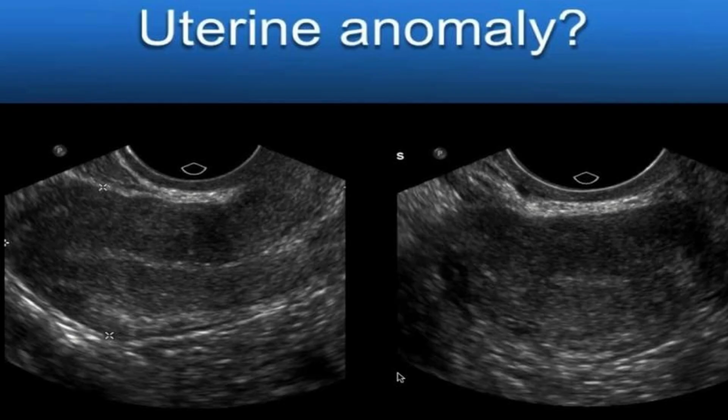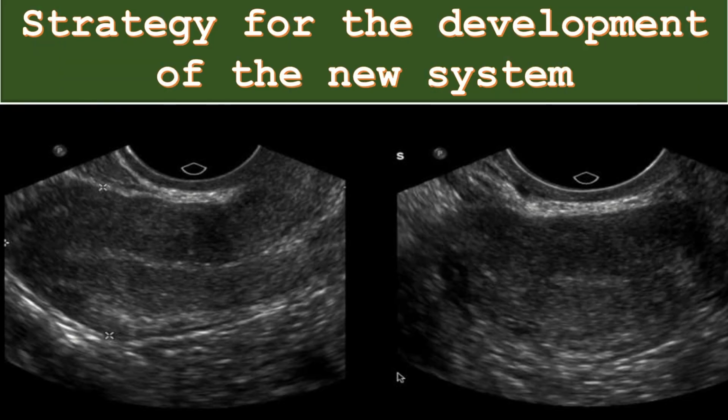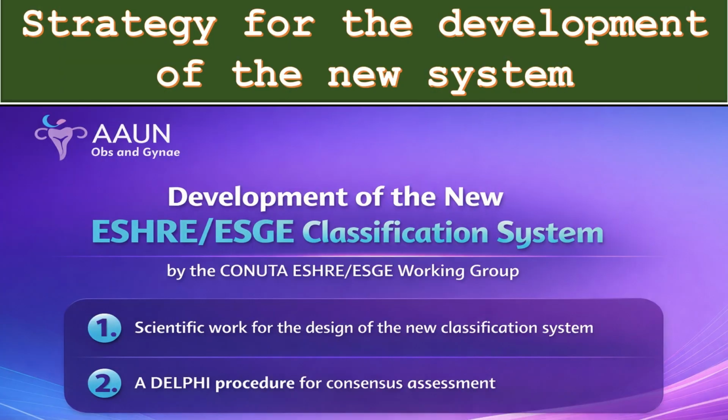Now we'll talk about the strategies for development of the new system. The development of the new ESHRE/ESGE classification system by the CONUTA working group included these steps. First of all, scientific work for design of the new classification system. Secondly, a Delphi procedure for consensus assessment.